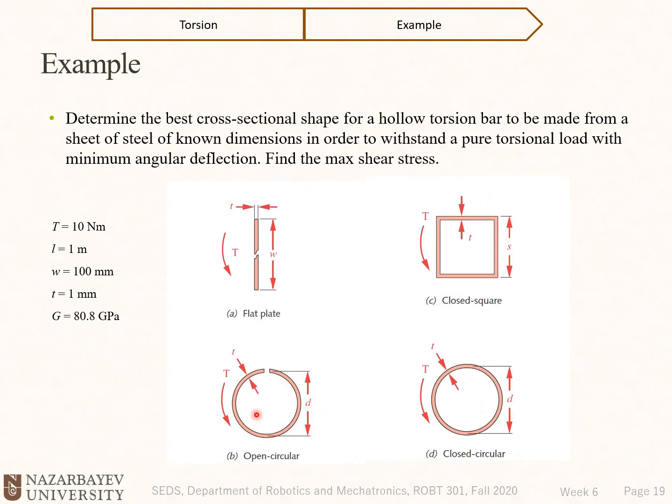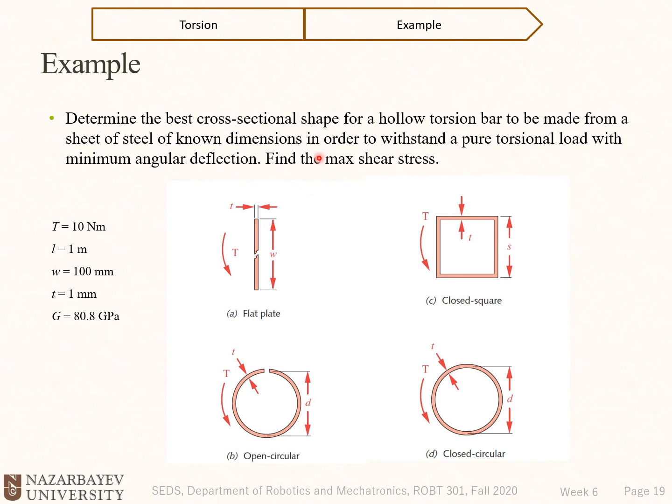This is again an example from the book to see how we could find the deflection theta for different cross sections under a constant torsion torque T. In this example, we want to determine the best cross-sectional shape for a hollow torsion bar to be made from a sheet of steel of known dimensions in order to withstand a pure torsional load with minimum angular deflection.